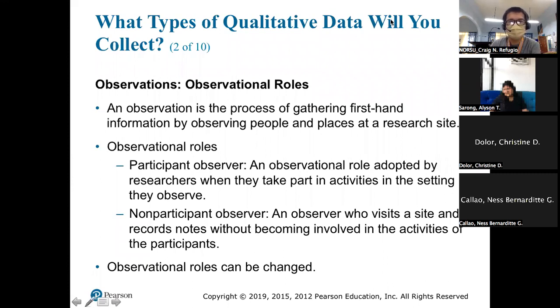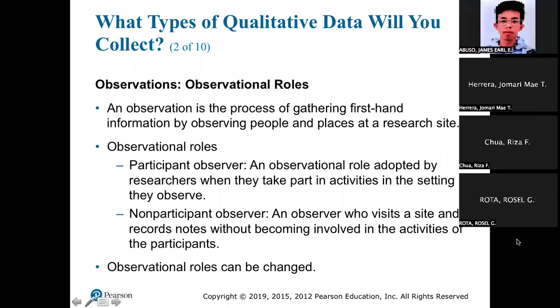The second one is the non-participant observer, an observer who visits a site and records notes without becoming involved in the activities of the participants. Note that observational roles can be changed.